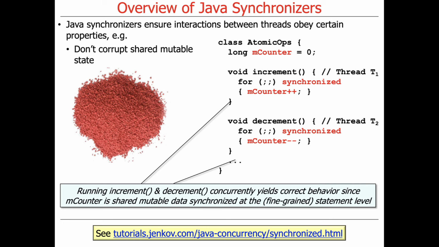So mCounter will now always have a sensible value because it's being incremented and decremented in a synchronized way. Again, this may not be the best way to do this. In fact, I don't think you'd write a program like this in practice. I'm just showing you how synchronization can make sure that the values of shared mutable state don't get corrupted accidentally when threads run. There are all kinds of other ways to do this. We'll talk about things like atomic operations and atomic classes later.